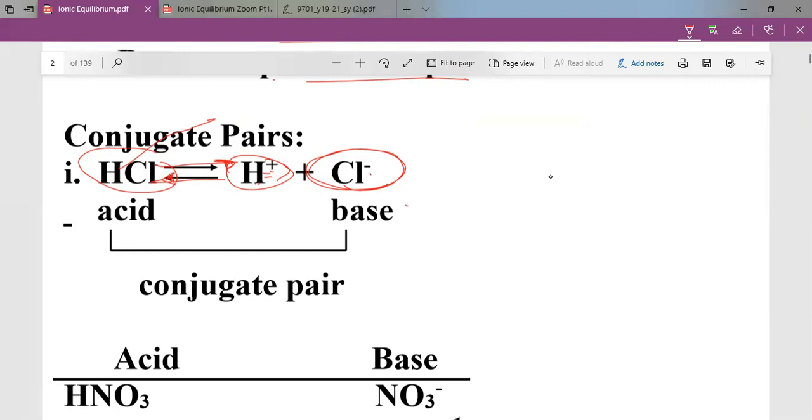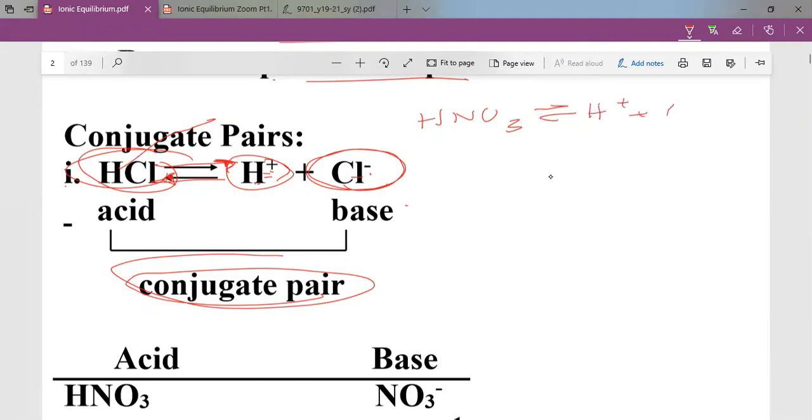Now these two come from each other. This is the acid, this is the base. This is called a conjugate pair, meaning they came from the same source. Now let's say I put HNO3. It goes to H plus and of course NO3 minus. So this is an acid. Why? Proton donor.